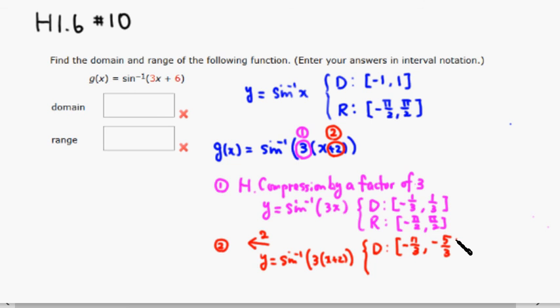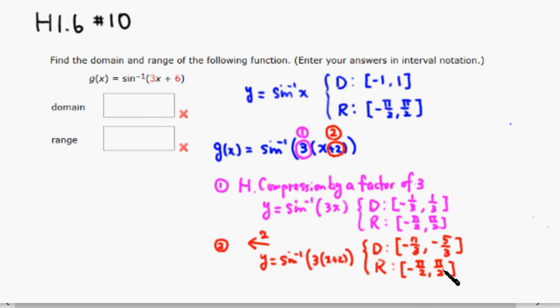Range-wise, a horizontal shift doesn't affect things vertically, so the range stays exactly the same as the original.